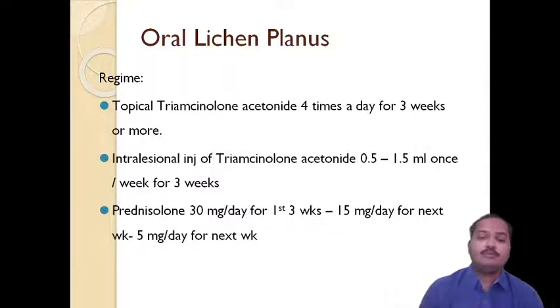Why is this done? Because prednisolone is one of the corticosteroids, and corticosteroids have a tendency of HPA axis suppression. This means that when corticosteroids are given externally, the body produces less corticosteroids.